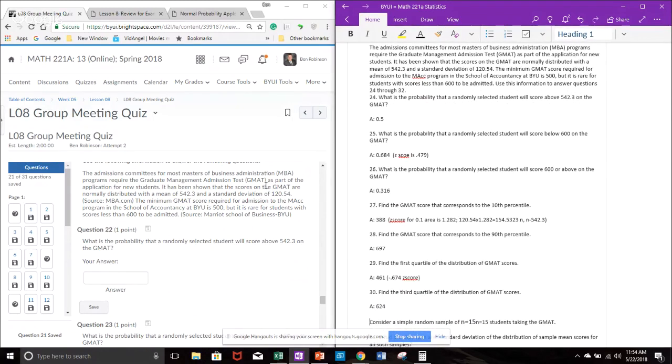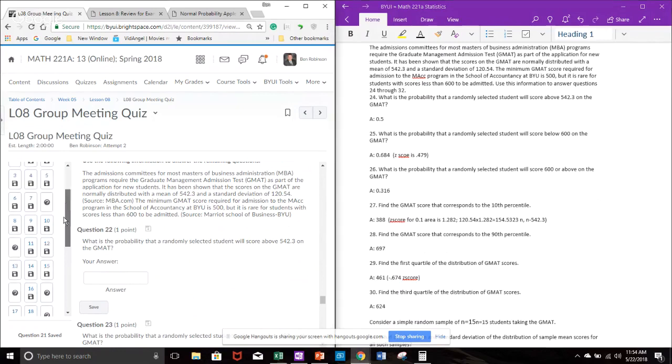The following. The admissions committees for most Master of Business Administration (MBA) programs require the Graduate Management Admission Test (GMAT) as part of the application for new students. It has been shown that the scores on the GMAT are normally distributed with a mean of 542.3 and standard deviation of 120.54.